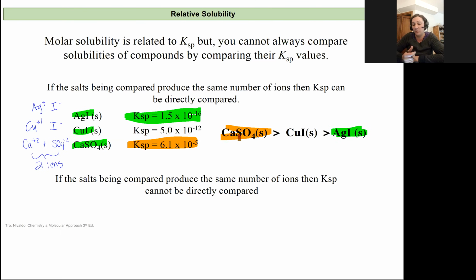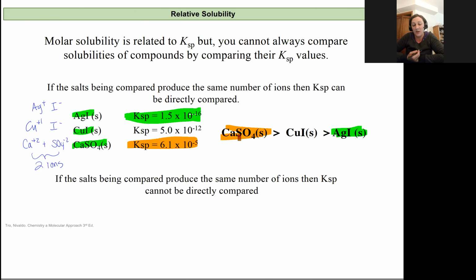And we are just directly comparing the solubility products because we have the same coefficients in our balanced reaction for all 3 of these.